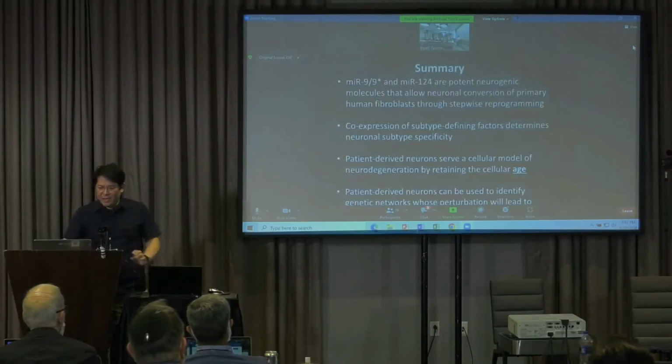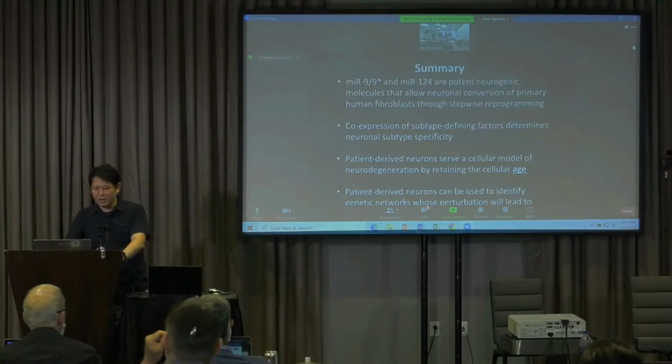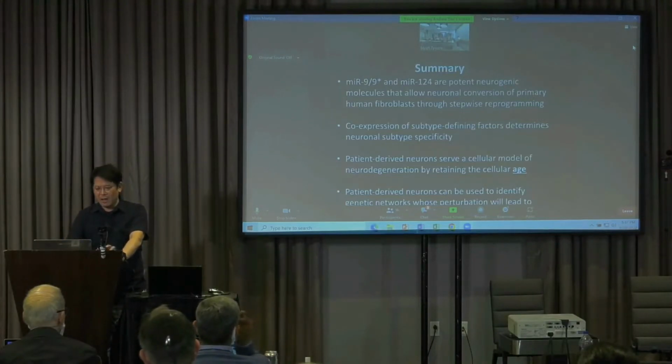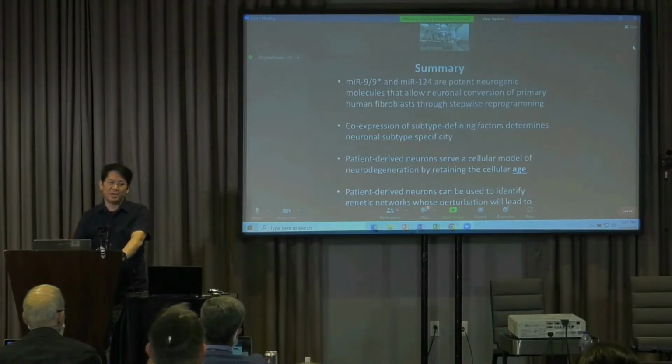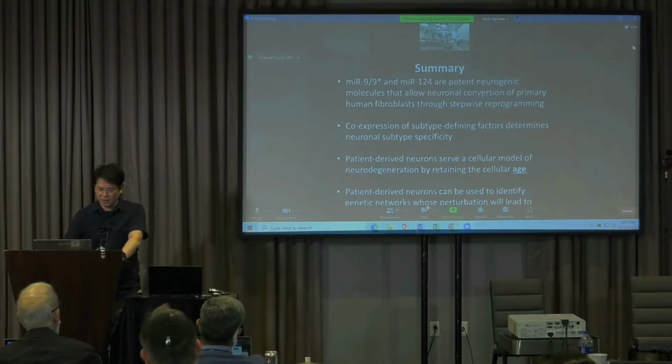With that, let me summarize by saying that we use microRNAs as potent neurogenic molecules, and we can co-express different transcription factors to push them into very distinct neuronal subtypes. And this is one example where we can try to understand how aging in medium spiny neurons may contribute to the onset of neurodegeneration.